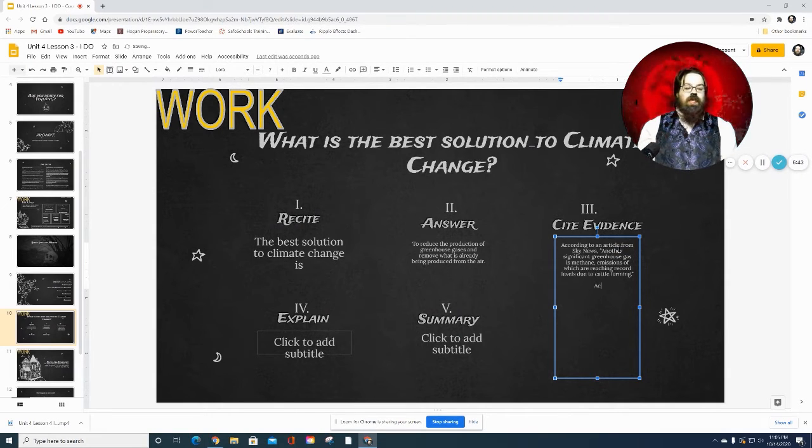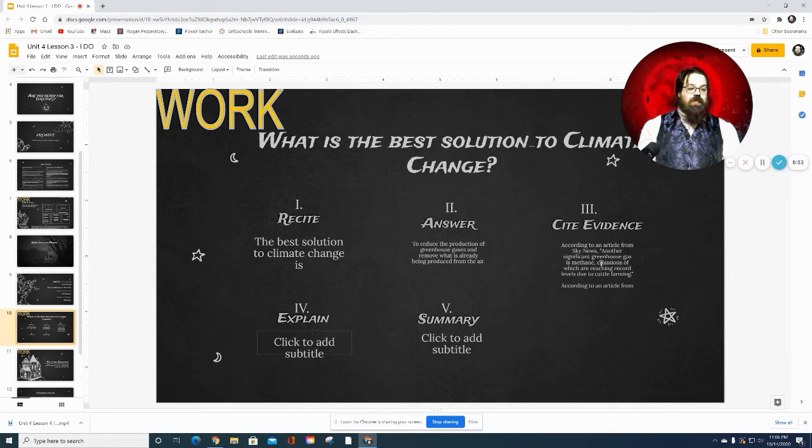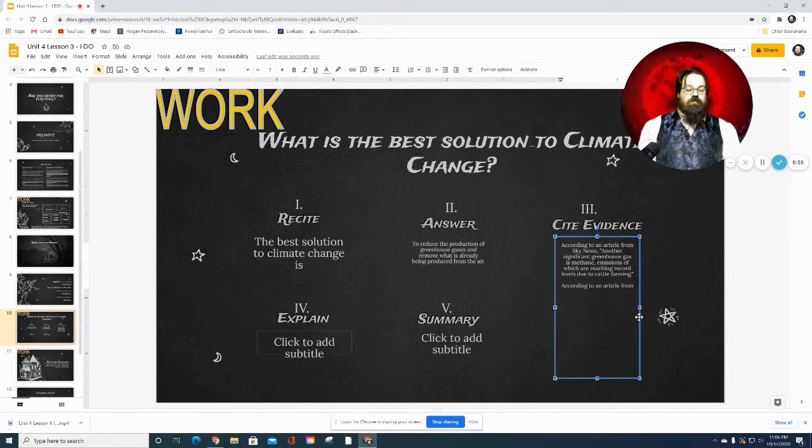And then I'm going to do it again. I'm going to say according to an article from, and this time I'm taking it from here, so I need Science News as my citation. Normally we just say the text or an article, but here we have to name the article because we're using two different articles.